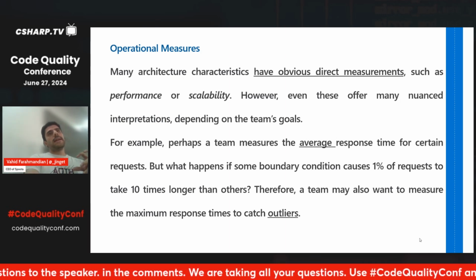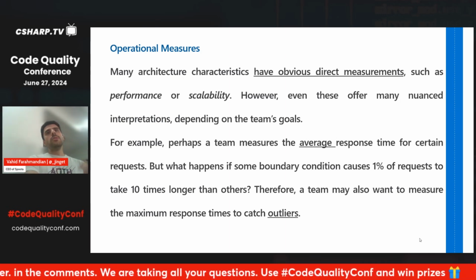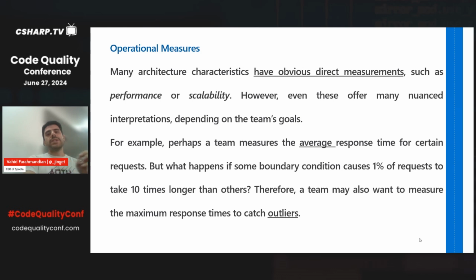Of course, we can use operational measures only for characteristics which have obvious direct measurements we have defined for them. For example, we're talking about performance or scalability. We have some criteria which we can measure. We can add some numbers together. We can use different statistical methods and find our final measuring result.